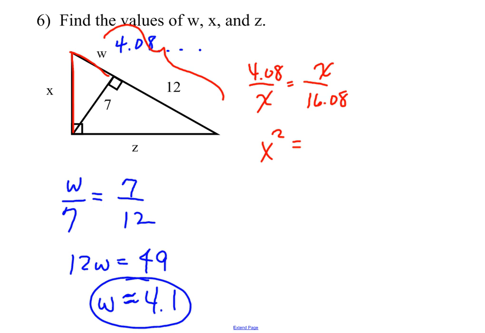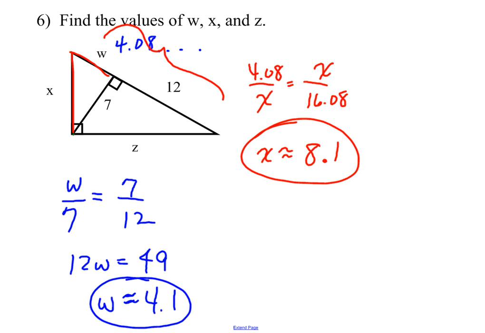I'm not going to actually multiply that out, because that's all in my calculator. So I'll just write the answer. 8.1-ish. I'm just going to multiply 4.08 times 16.08, get my answer, and then take the square root of that answer to get 8.1.